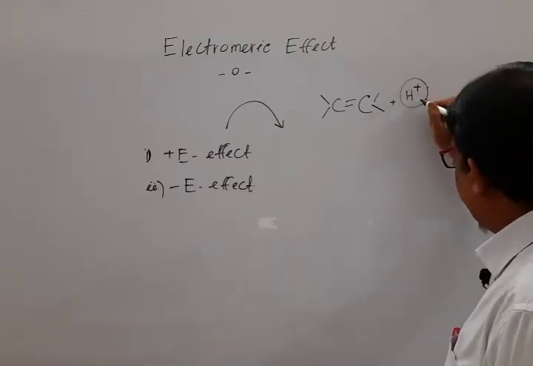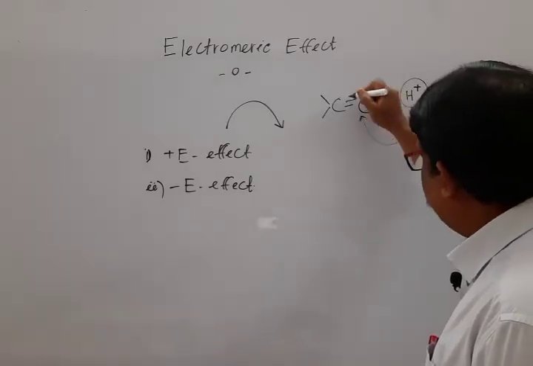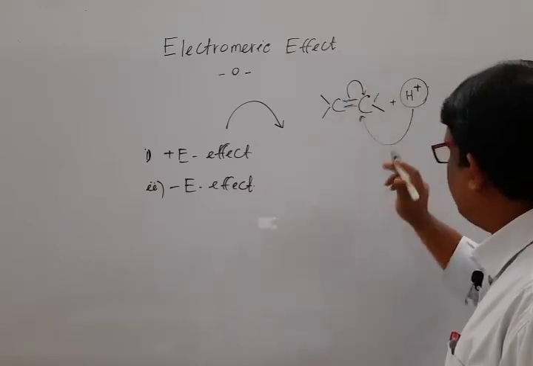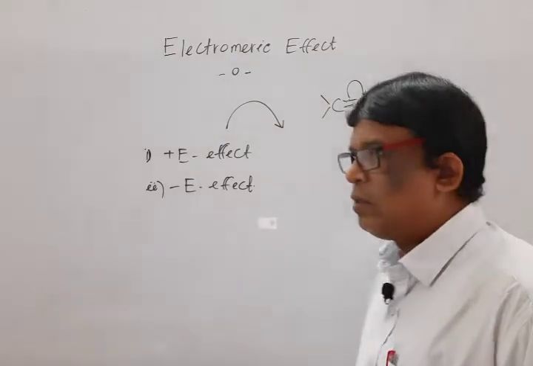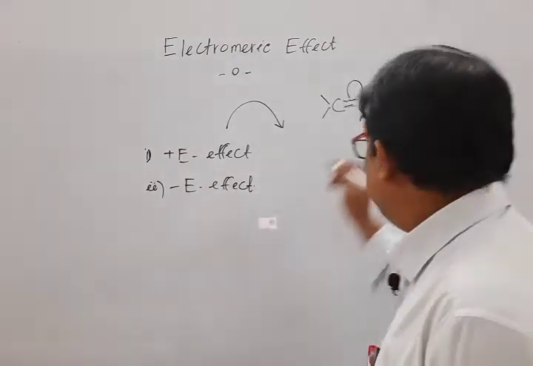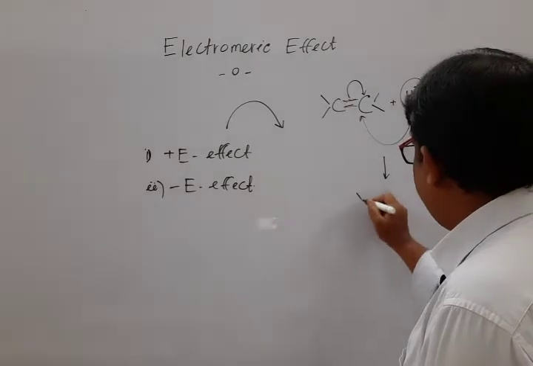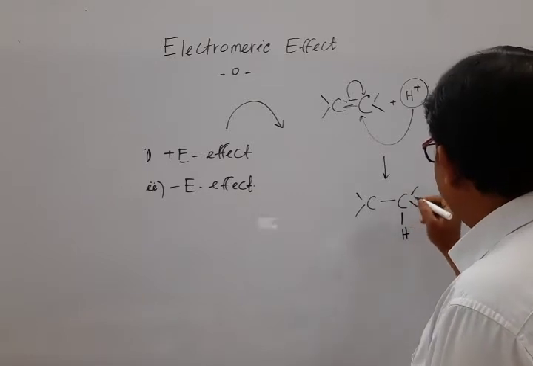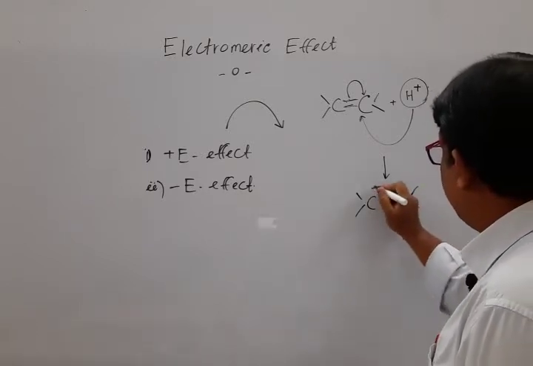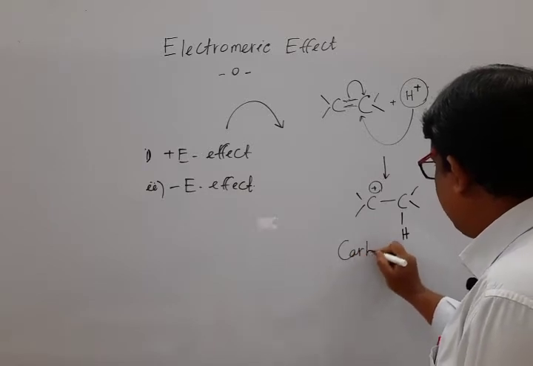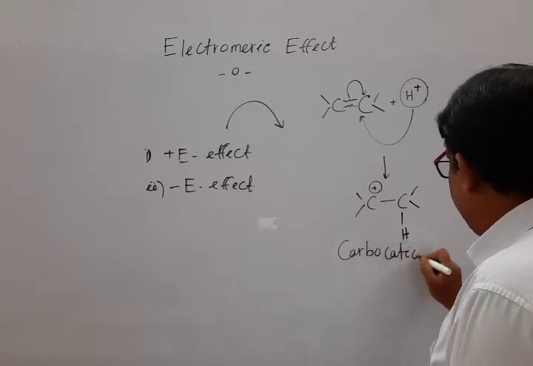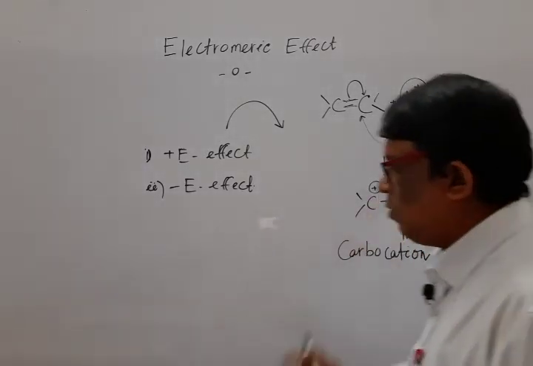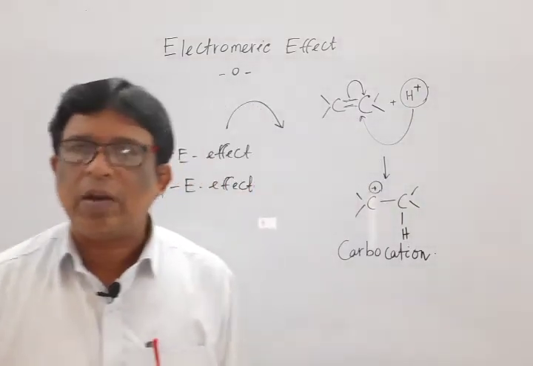When this H plus ion attacks, then this bond breaks. The arrow originates from the middle and points towards the atom to which the attacking reagent attacks, as a result of which there is the formation of one carbocation. What is a carbocation? We will discuss later. Remember that the carbon atom possessing positive charge is known as a carbocation.